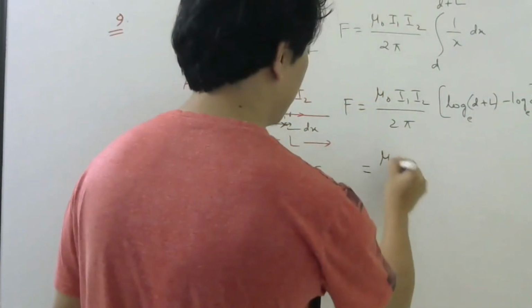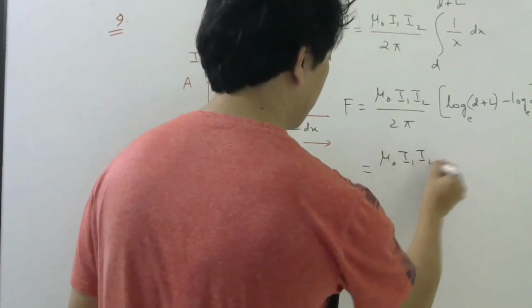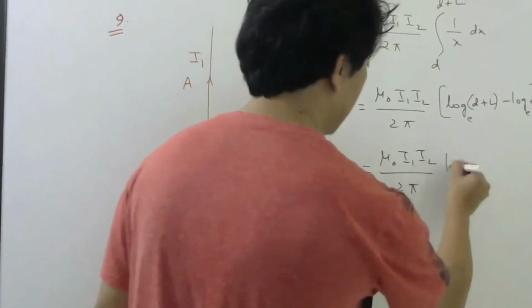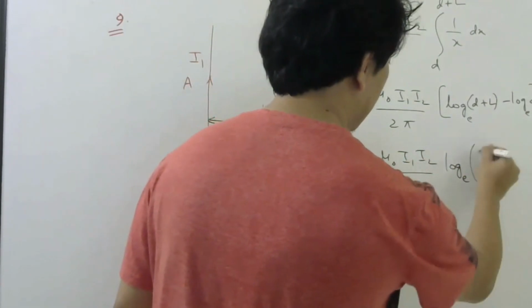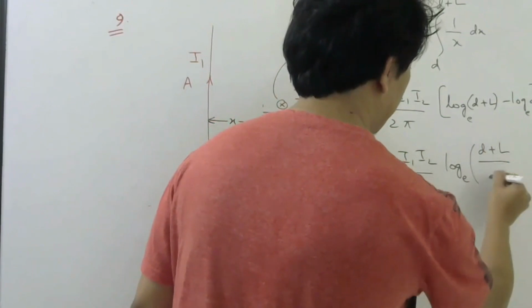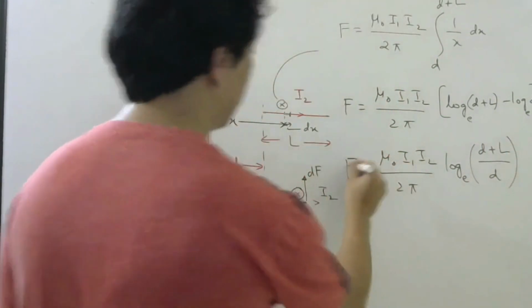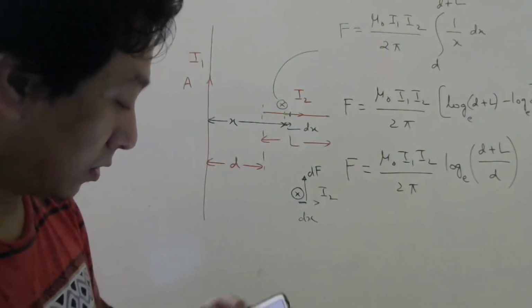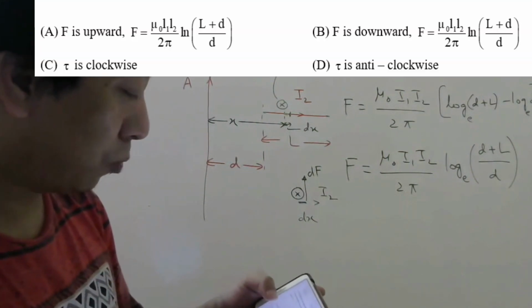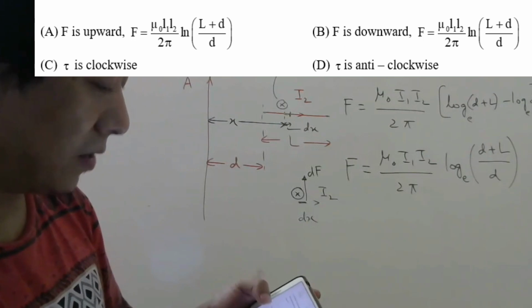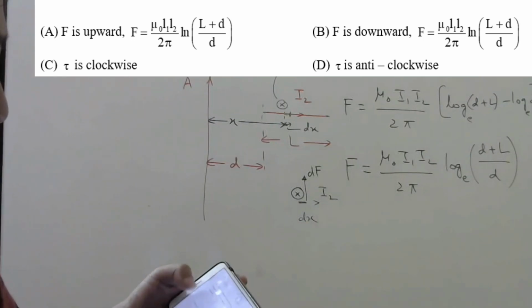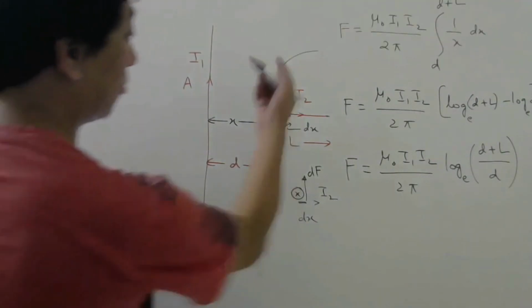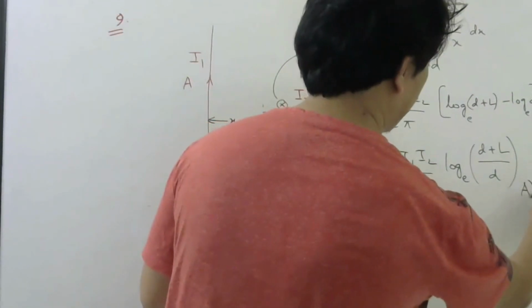So this will be mu naught I1 I2 divided by 2 pi, log base e of d plus L divided by d. So that will be the force. Let's check which option the force matches. Mu naught I1 I2 by 2 pi log of L plus d by d, upward. Force is upward. So option A.